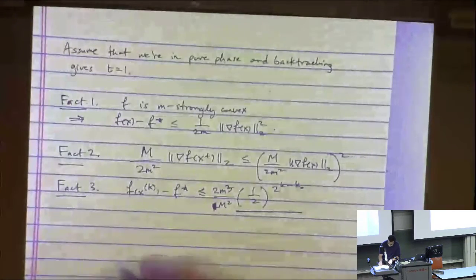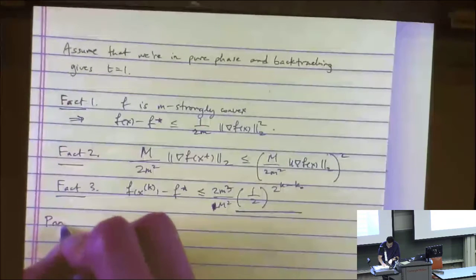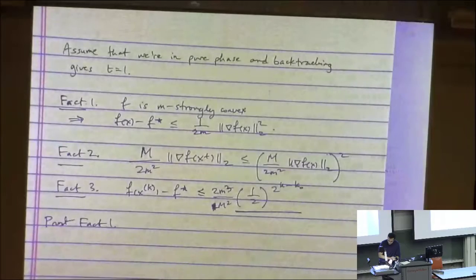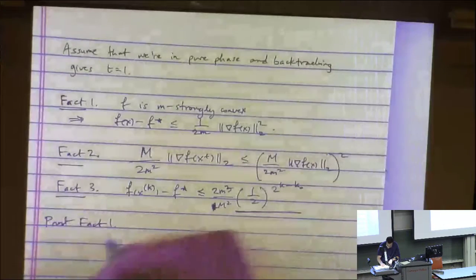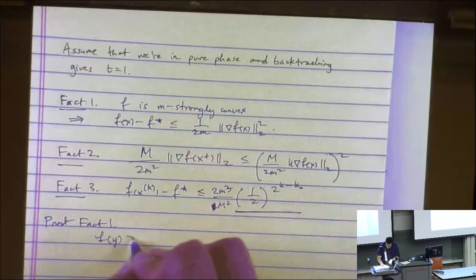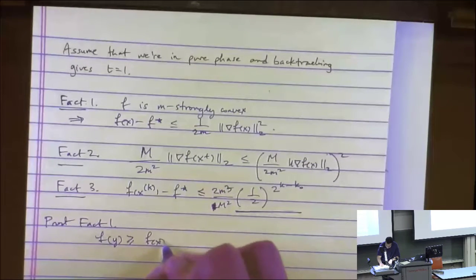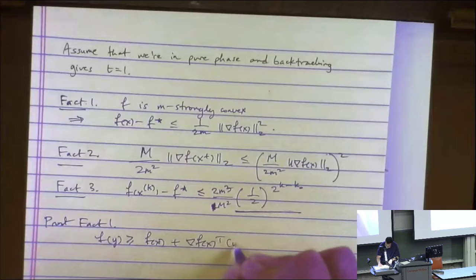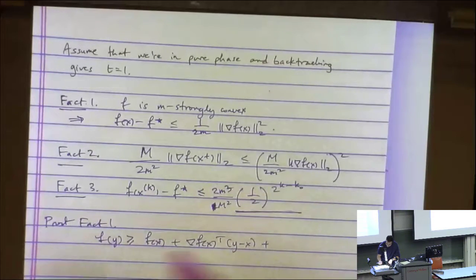I think we should be able to do it without too much pain here. So fact 1, I'm going to just recall that for strongly convex functions, we know that we can lower bound them at any point y by a quadratic around any point x.